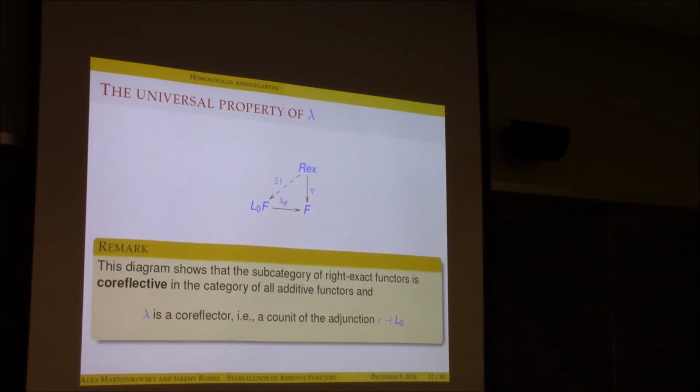In other words, any natural transformation from a right exact functor lifts over lambda sub F.